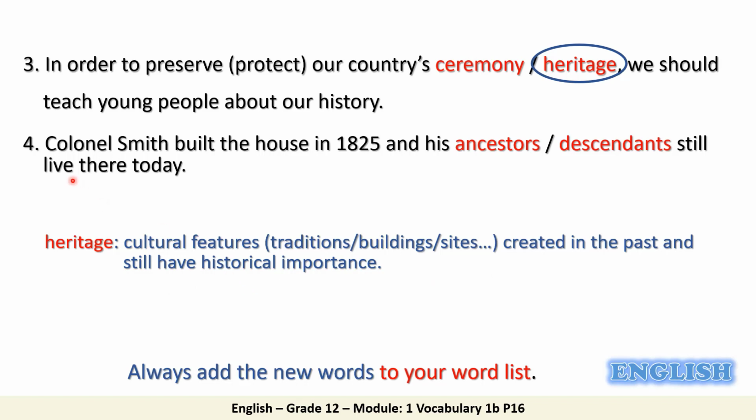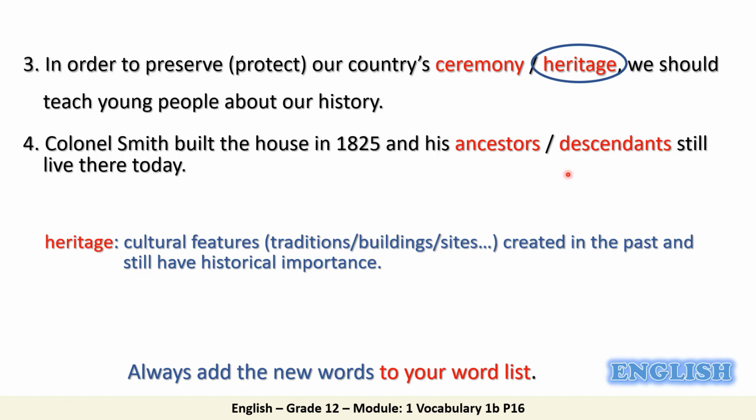How about number 4? How do you pronounce this word? Take care. Colonel. Colonel Smith. In the US English it's Colonel. Okay, so Colonel Smith built the house in 1825, and his ancestors or descendants. We studied the word ancestors in the previous slide.